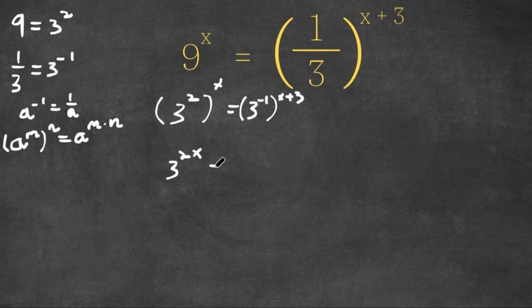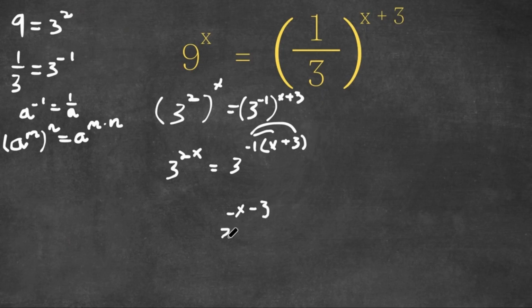And now this is equal to 3 to the power of negative 1 times x plus 3. So now we have to distribute the negative 1. Negative 1 times x is negative x, and negative 1 times 3 is negative 3. So we have 3 to the power of negative x minus 3 is equal to 3 to the power of 2x.